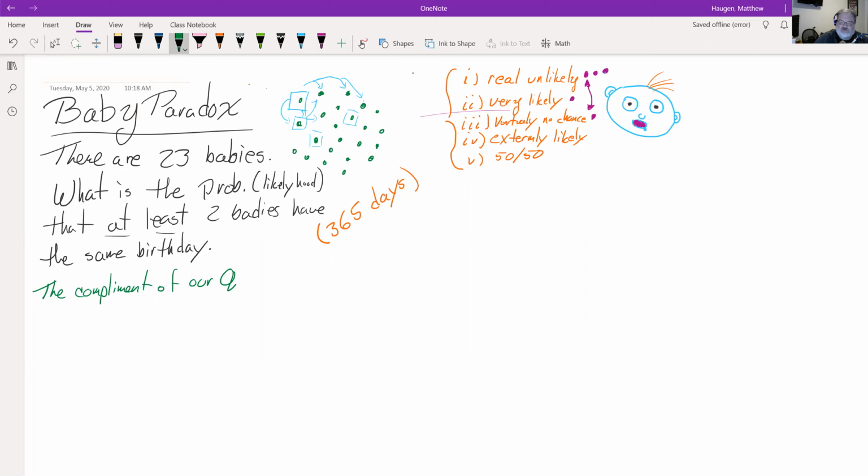The complement in statistics, probability, in mathematics, is the other part. It's the not our question. Think of it as the reverse of our question. So if we're being asked what's the probability that at least two babies have the same birthday, the complement of that is the probability that none of them have the same birthday.